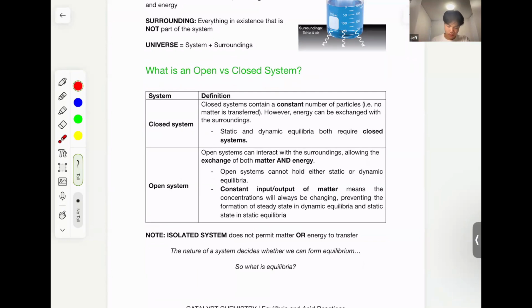An open system, on the other hand, is where you have the exchange of both matter and energy in and out of the system. Open system cannot reach static or dynamic equilibria because if you are constantly removing matter, you will never reach a constant amount of matter as reactant and product. So you cannot form equilibria in an open system.